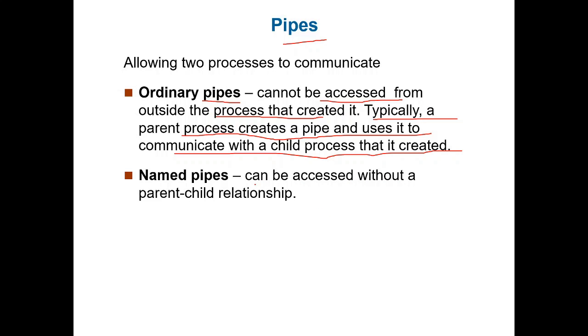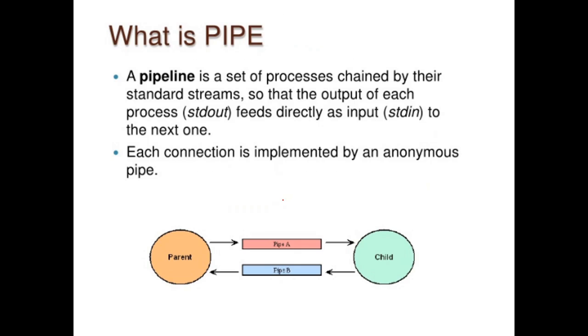There is another type, named pipes, which can be accessed without a parent-child relationship. That means it is not necessary that the processes must be only parent and child. It can be any other processes. Another definition is a set of processes chained by their standard streams so that the output of each process feeds directly as input to the next one.